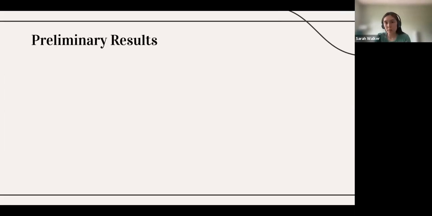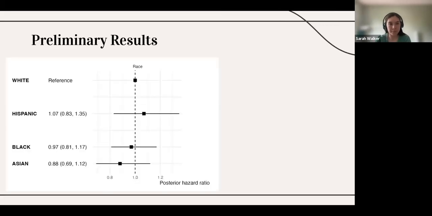So now I'll talk a little bit about our preliminary results. These are just on a subset of our data, so not all of our data. But this is our posterior hazard ratio. So white is our reference. And then we can see that Hispanic is at 1.07 with a 95% confidence interval of about 0.83 to 1.35.